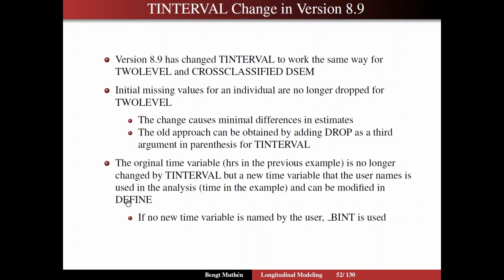You can have functions of time, for instance, as a covariate. And if no new time variable is used and named by the user, then this underscore b int is used. Bin is what b refers to. Bin is the word that we used in the T-interval discussion earlier on.